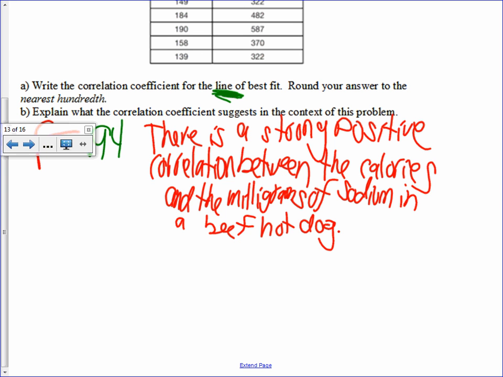Even though, for those of you who know your nutrition, sodium is not calorie yielding, there still is a correlation.